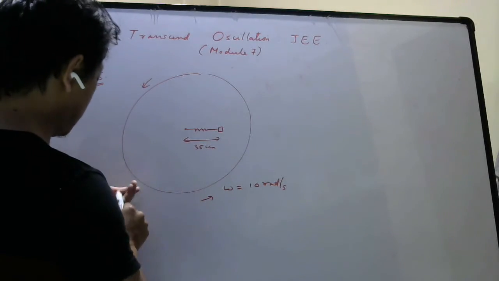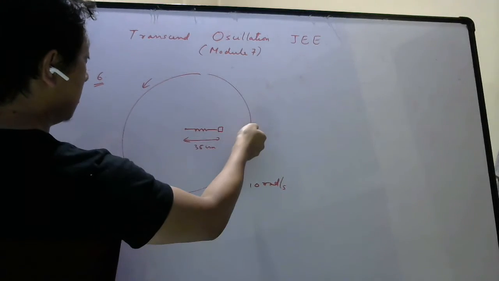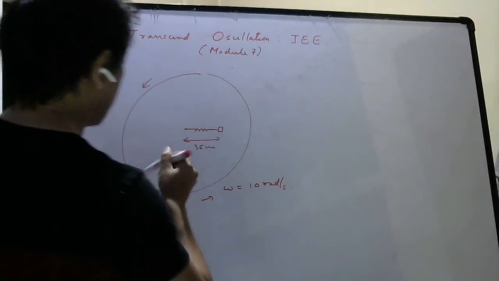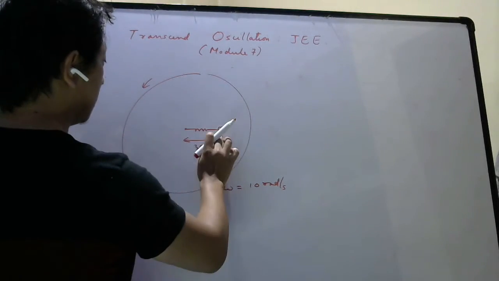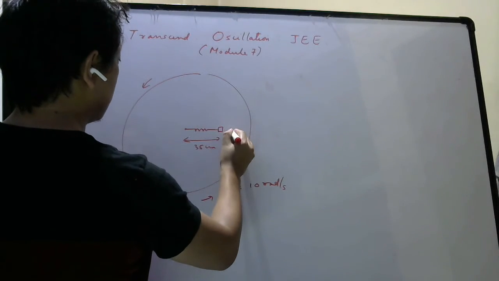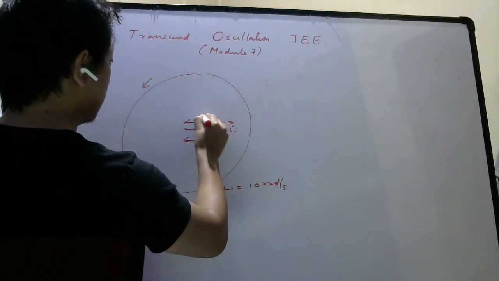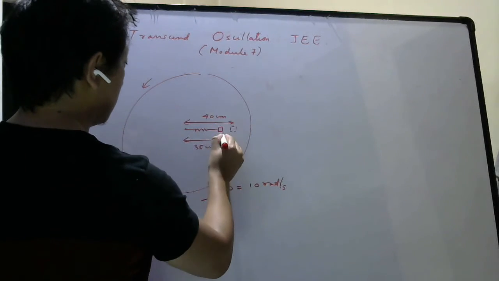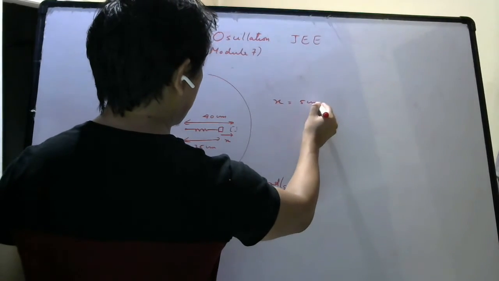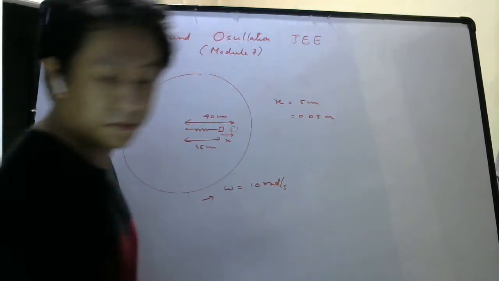But unless the spring stretches, there can't be a spring force which will provide the centripetal force. So it is obvious that as the turntable rotates and this block also wants to rotate with it, it has to extend. And now the new length of the spring is 40 centimeters. So this is the extension of the spring, x. It will be 5 centimeters, 0.05 meters. Right?